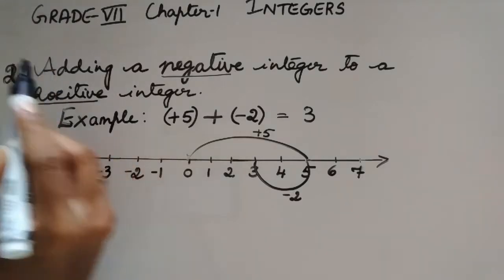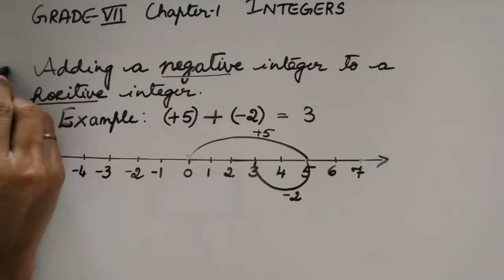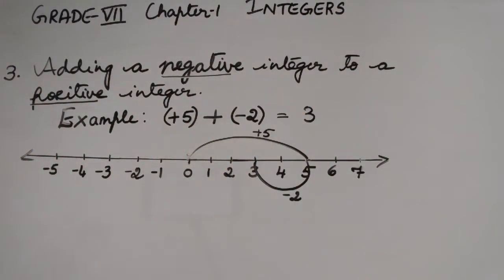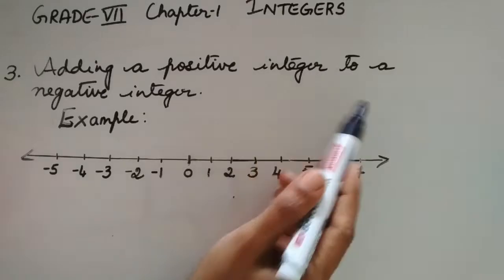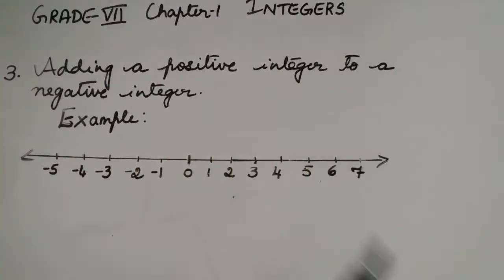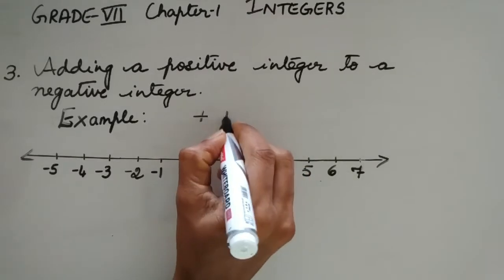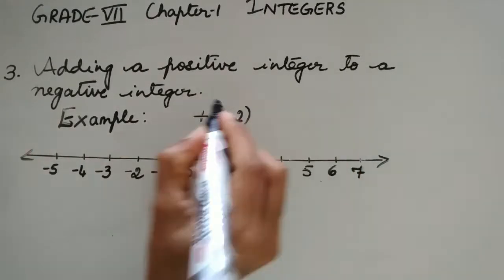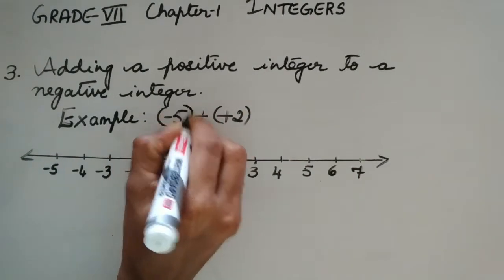Okay, now next we have third one as adding a positive integer to a negative integer. Example is adding a positive integer to a negative integer.